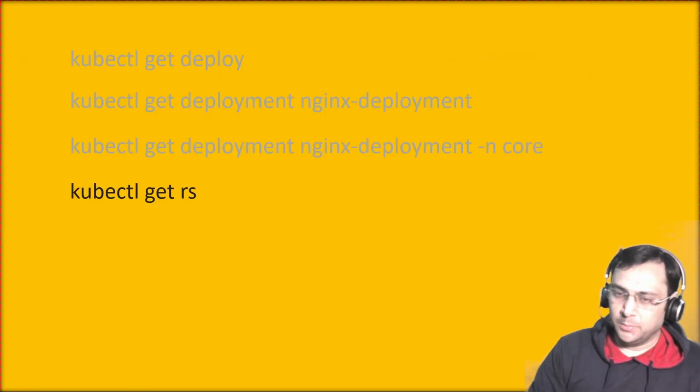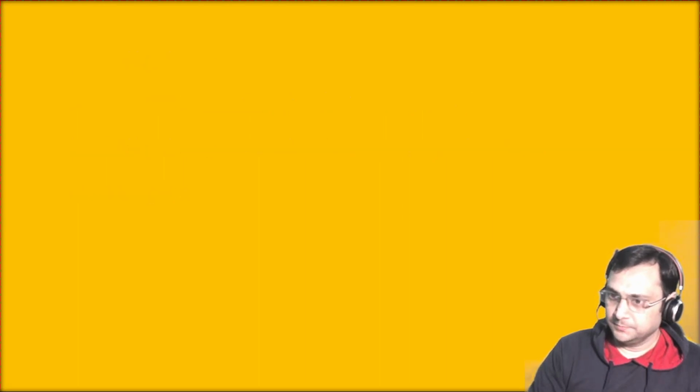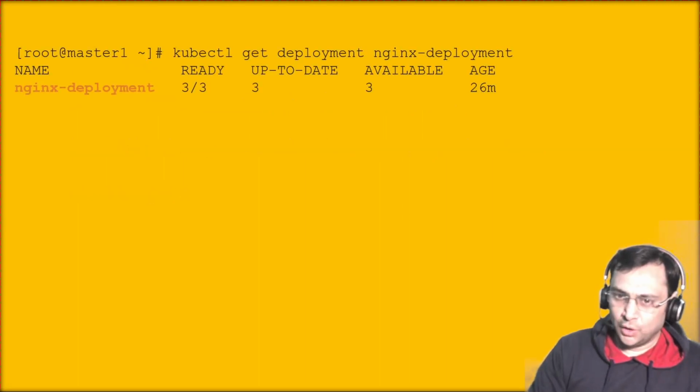We can execute the command kubectl get rs. Then it will show the output of all the replica sets created by deployment in the default namespace. Naming convention of replica set would be deployment-name and then hash.